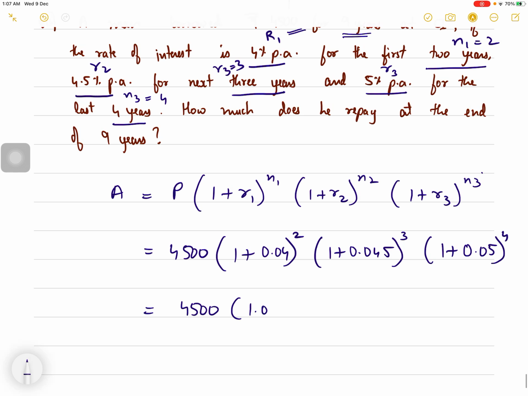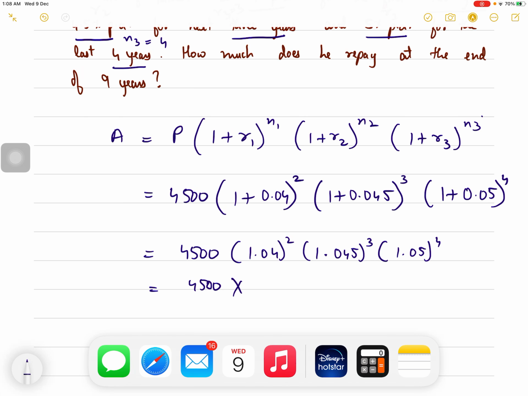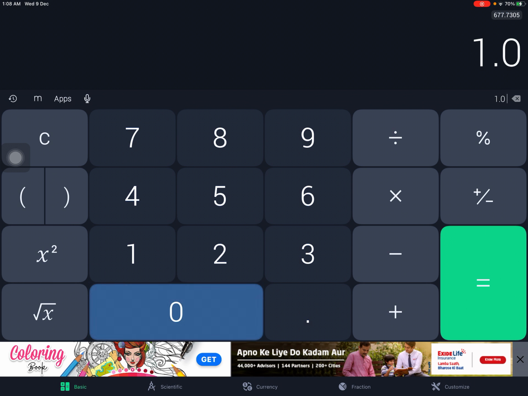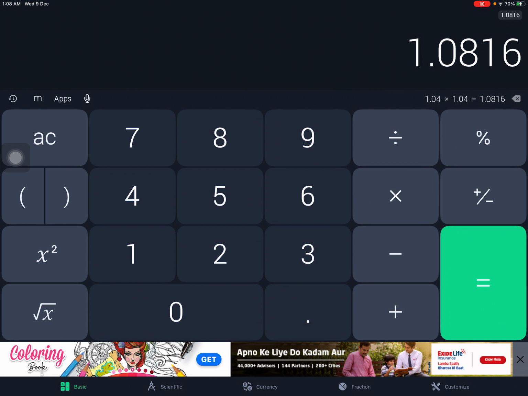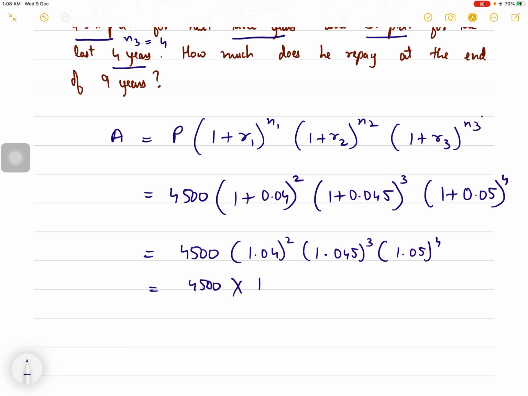Now 4,500 into 1.04 raised to 2 into 1.045 raised to 3 into 1.05 raised to 4. Let's see what is 1.04 raised to 2. I'll keep 4 decimals; always keep 4 decimals. 1.04 raised to 2 is 1.0816.